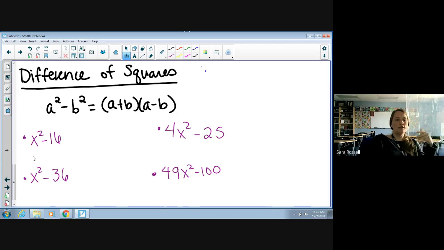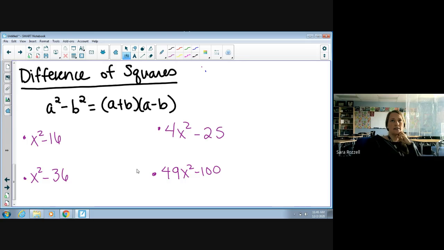If you'll notice, all of these numbers that I've written are perfect squares, so you should identify that at the beginning. Remember, our perfect squares are like 2 squared is 4, 3 squared is 9, 4 squared is 16, then 25, 36, 49, etc. Okay. So if I notice that this A is where the x is, so my A value would be x. And what squared gives me 16?